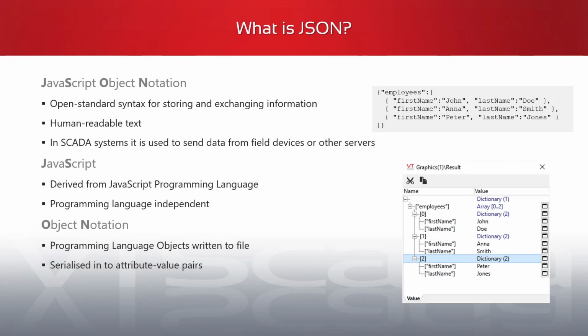So, what exactly is JSON? Well, it's an acronym, and JSON stands for JavaScript Object Notation. So this is an open standard syntax for storing and exchanging information. It is in a human readable text format, which means that you can actually see and make sense of JSON information.